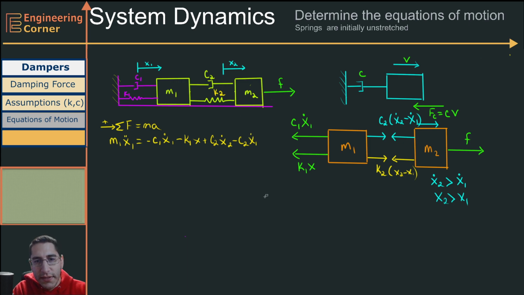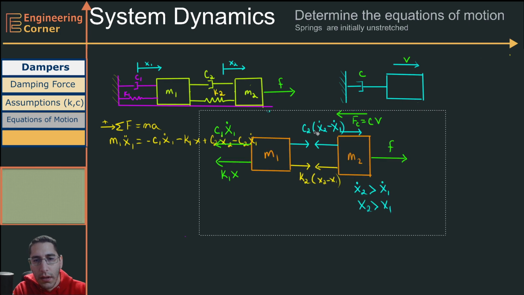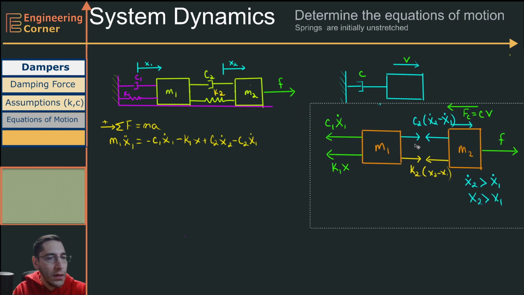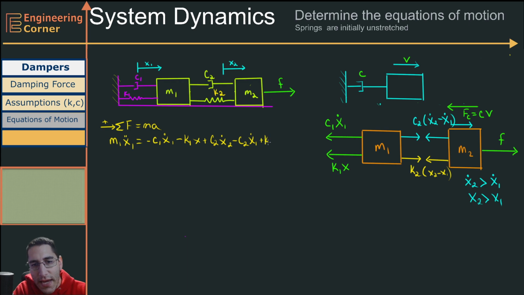Let me just give myself some room. I just need some room to write the rest of this equation. So then plus k2 x2 minus k2 x1.